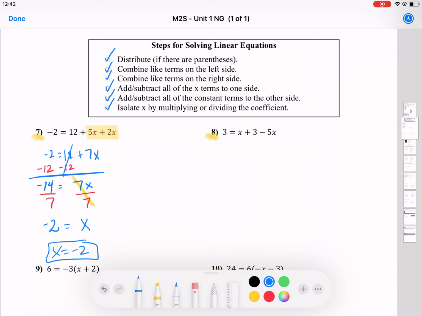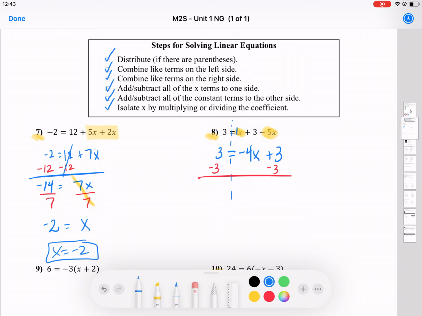So for instance, on number 8, first thing I'll do is combine like terms. These two terms are like terms since they're on the same side of the equal sign. So that's the equal sign right there. So the 3 will stay where it's at. There is a 1 in front of this x, so 1 minus 5 is negative 4. So we got negative 4x plus 3. Then I'll move the constant away from the x. So I'll subtract 3.